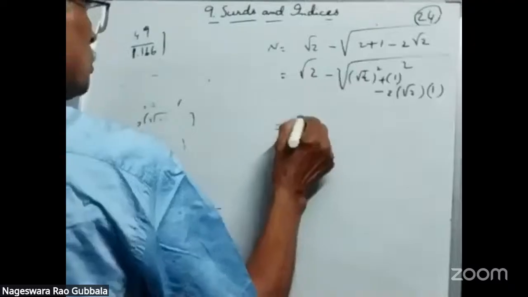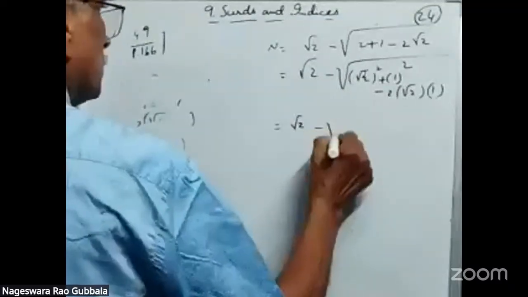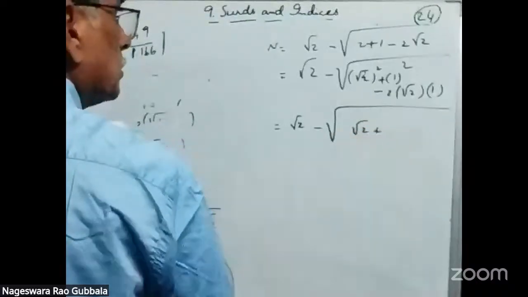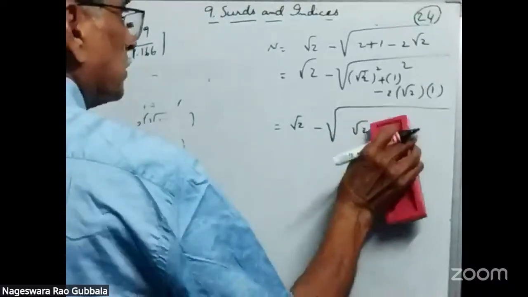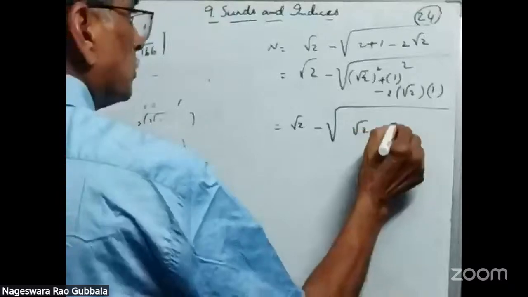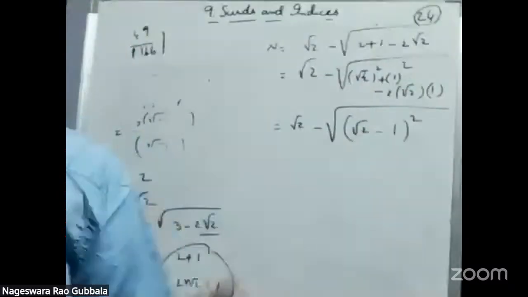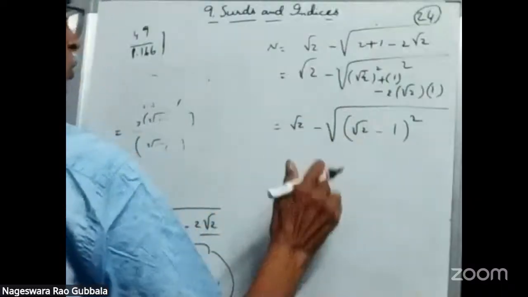This becomes root 2 minus root of root 2 minus 1 whole square. a square plus b square minus 2ab, root 2 minus 1 whole square.